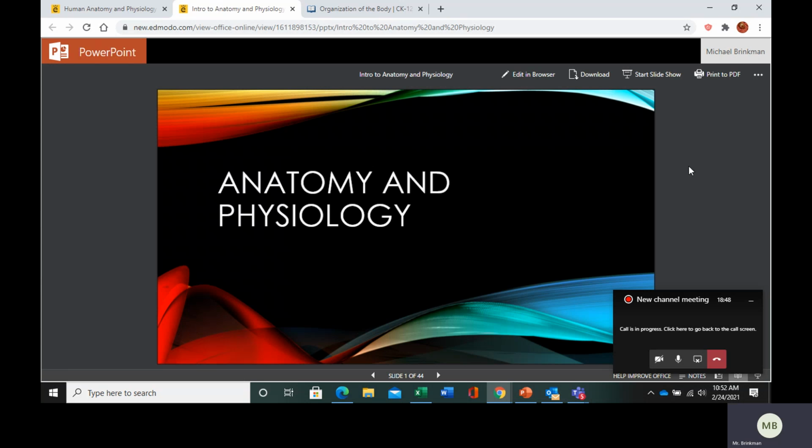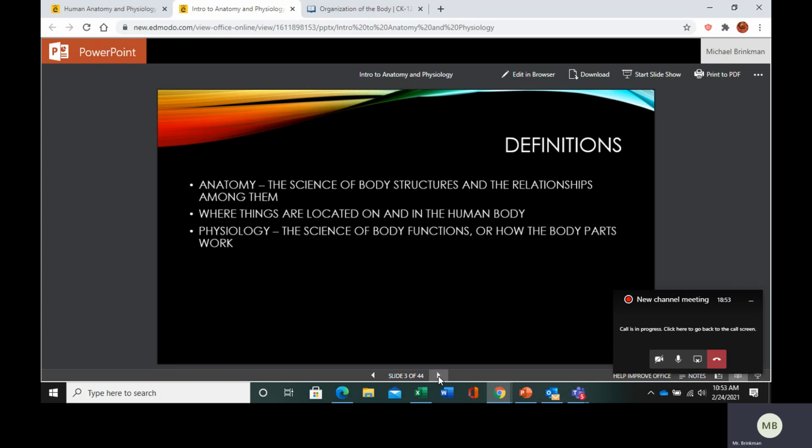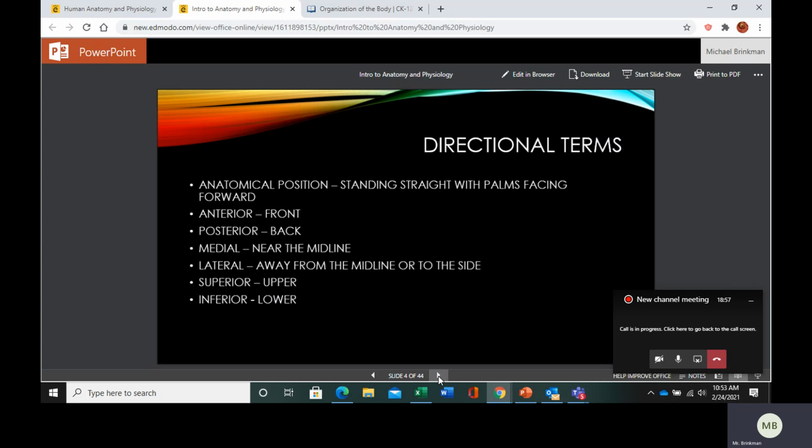Okay, so I'll try to skip over some of the things we already went over, like anatomy and physiology. Okay, so the anatomical position is if you're standing straight with palms facing forward. Anything that is anterior means at the front. Posterior means the back. You can see post, which means after. So that's how you can remember that it's the back.